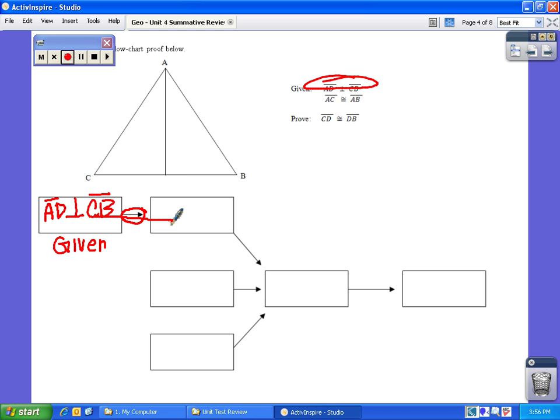So since AD is perpendicular to CB, I know that angle CDA is congruent to angle BDA. And the reason is that they're both right angles. Right angle congruence theorem.